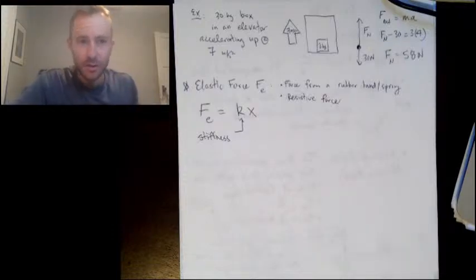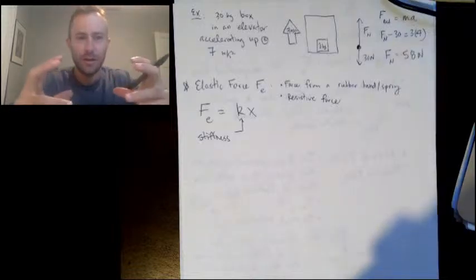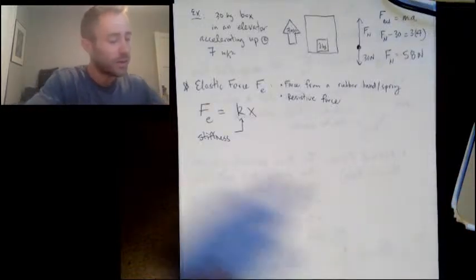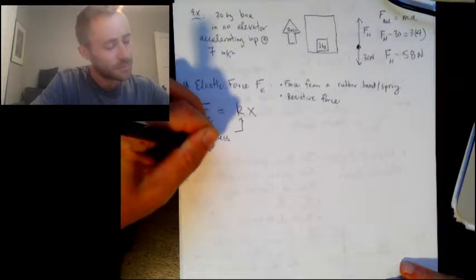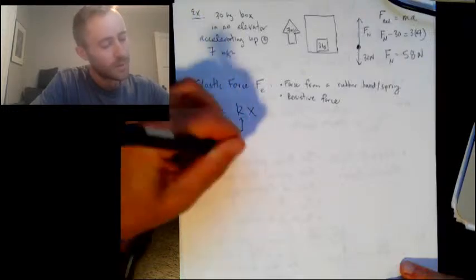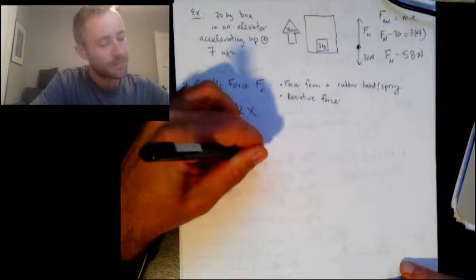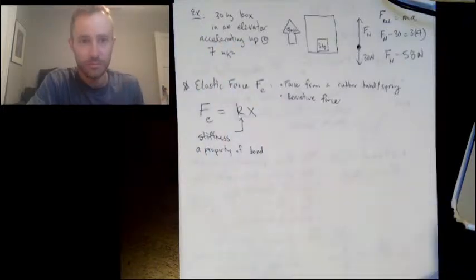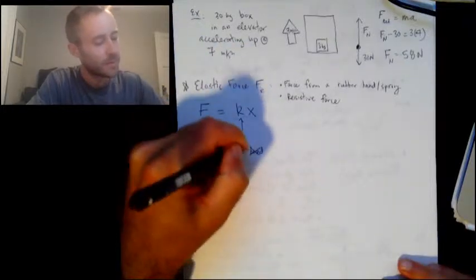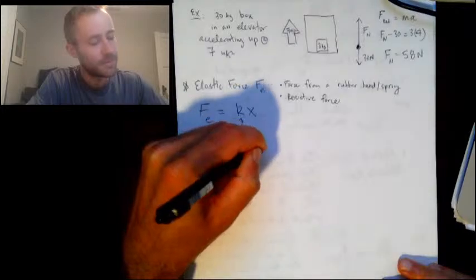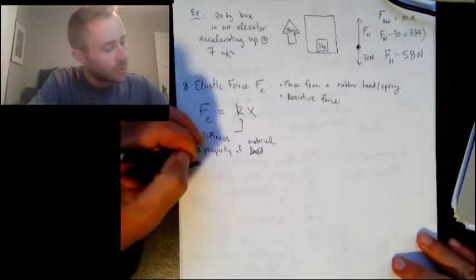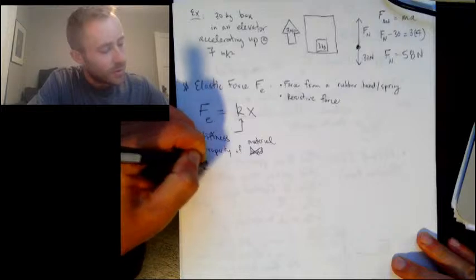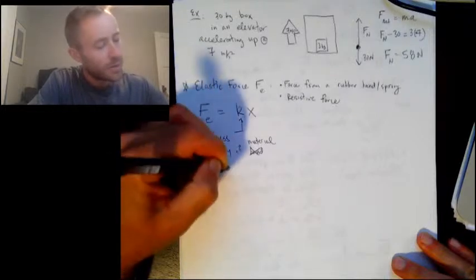All those things affect the stiffness. So the stiffness is a property of the band, or of the material, I should say. And the units of stiffness are newtons per meter.